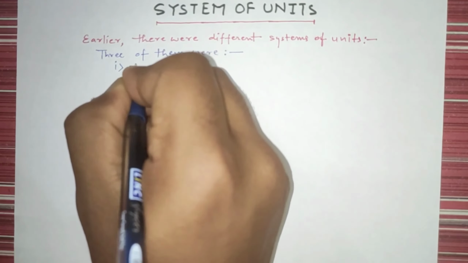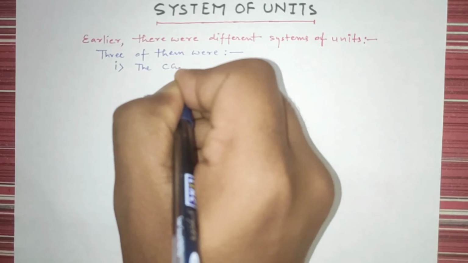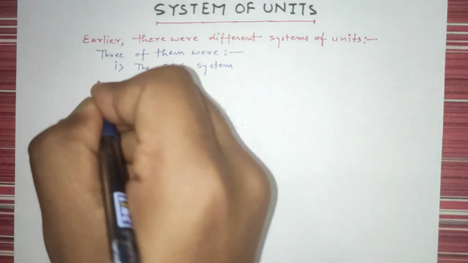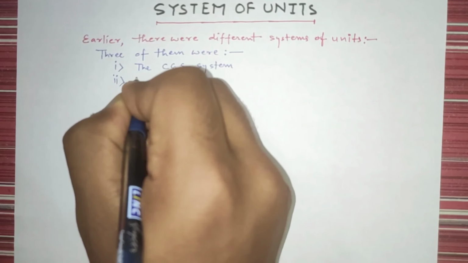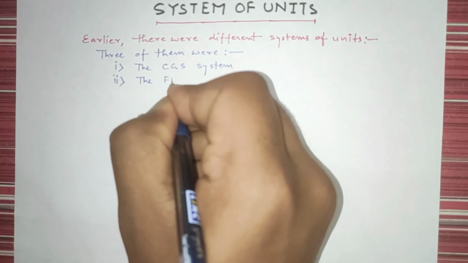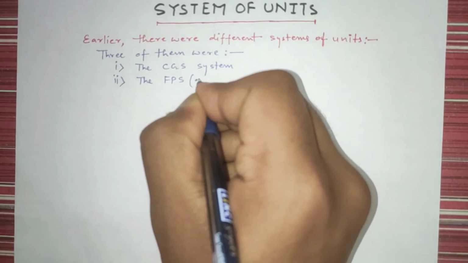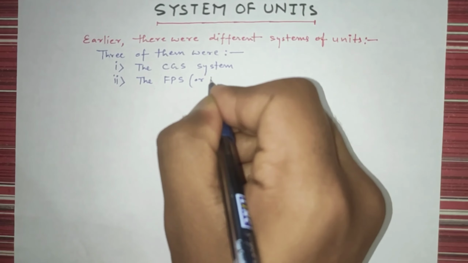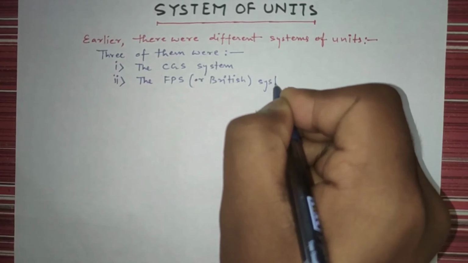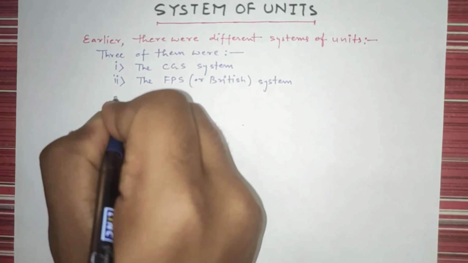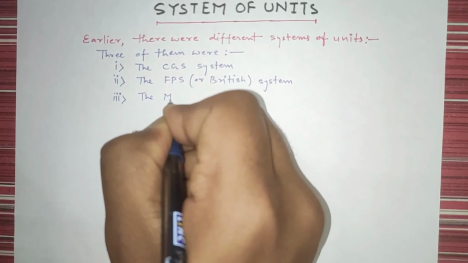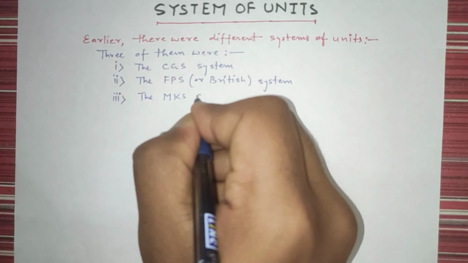First one, the CGS system, second one is the FPS or British system, third one is the MKS system.